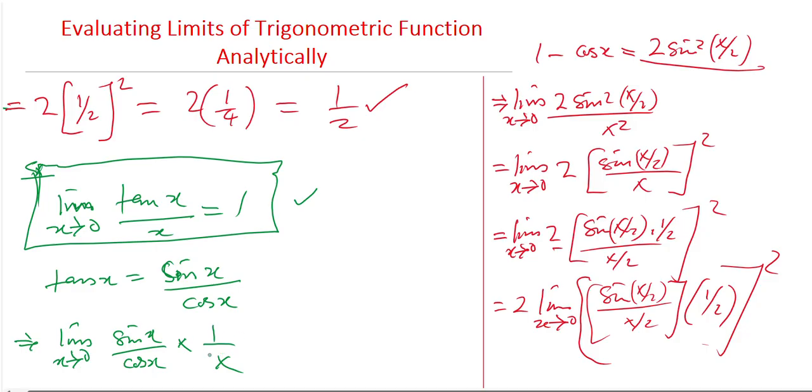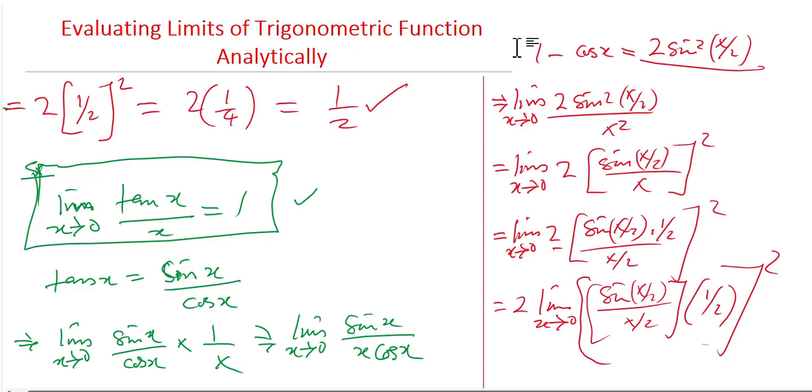Divide by x is the same as multiply 1 all over x. So what we will have will be the limit as x approaches 0 of sin x all over x multiply cos x.